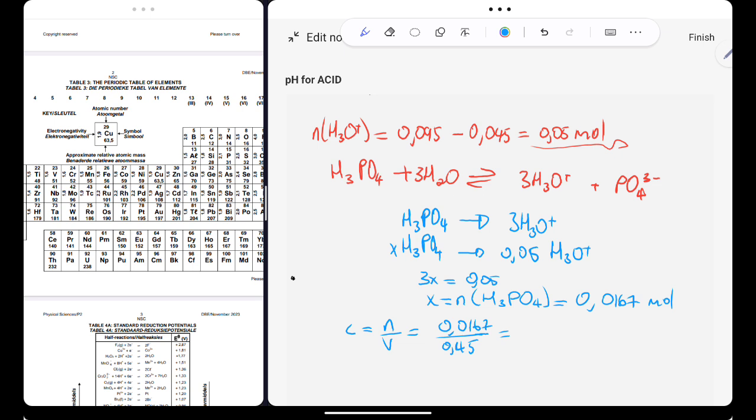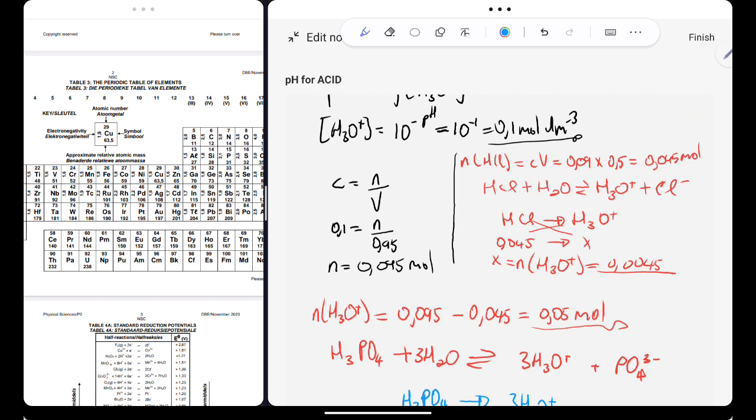I'll simply get 0.03711, so it's just 0.04 moles per cubic decimeter. This is X.